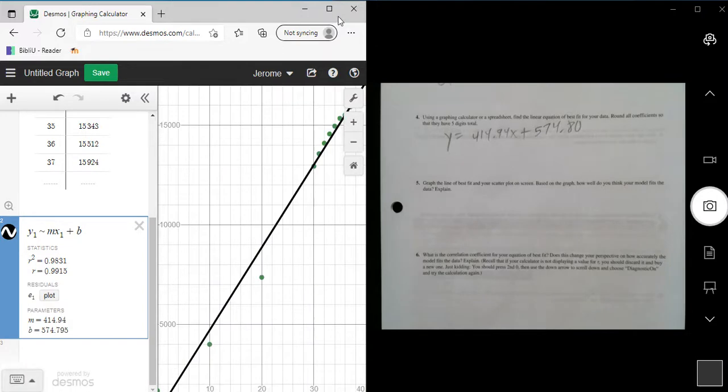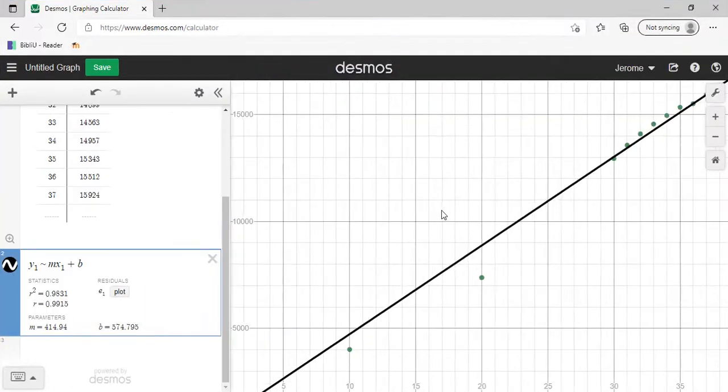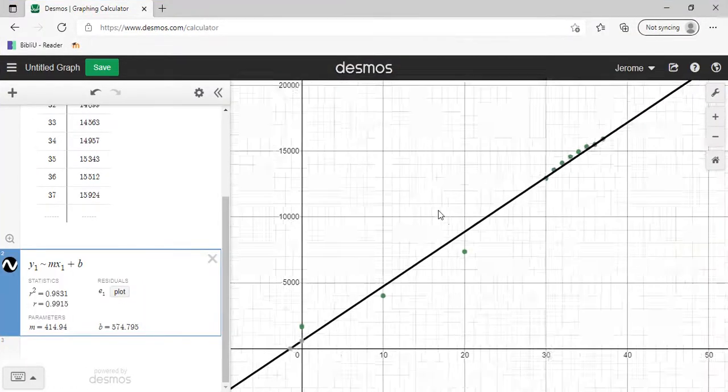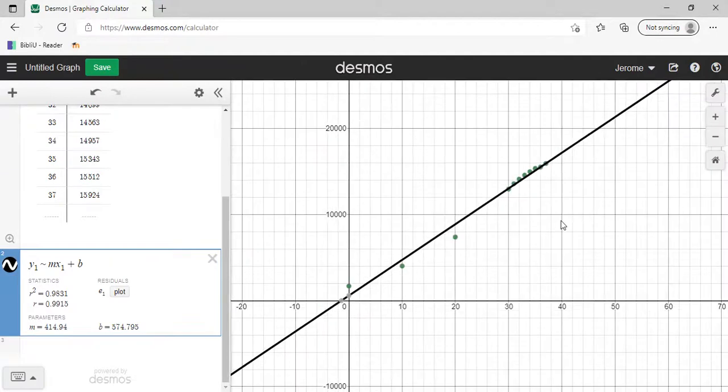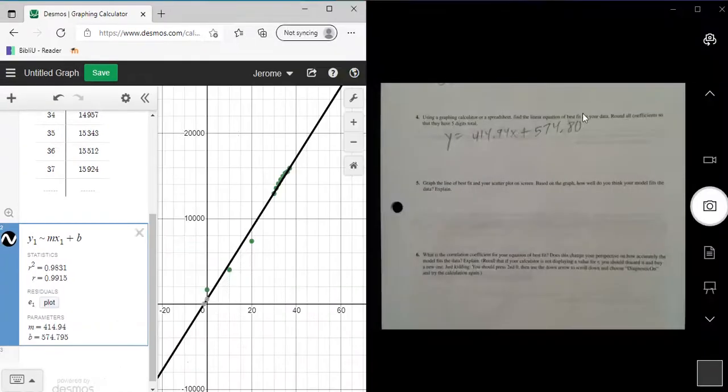All right. Now, if we look here at this graph, this is our line here, best fit. You see the graph here, like we were told to do. It says graph the line of best fit and your scatter plot on screen. Based on the graph, how well do you think the model fits the data?